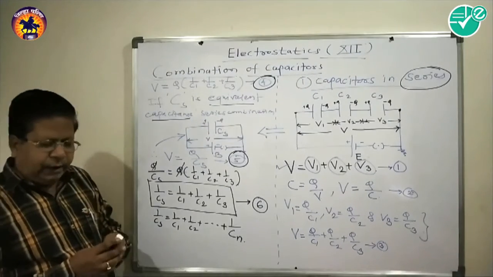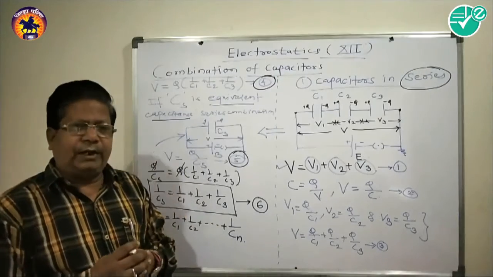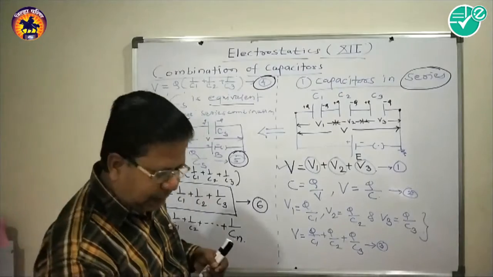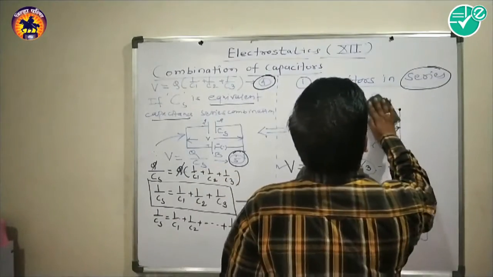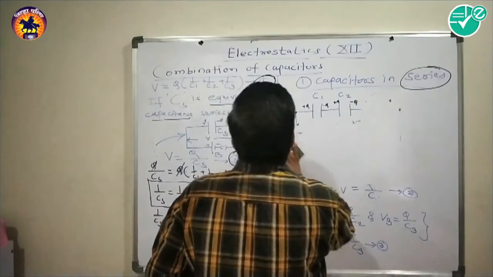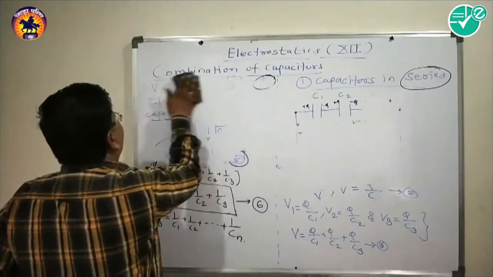Now, in case of series combination, suppose only two capacitors with capacitances C1 and C2 are connected across a battery.